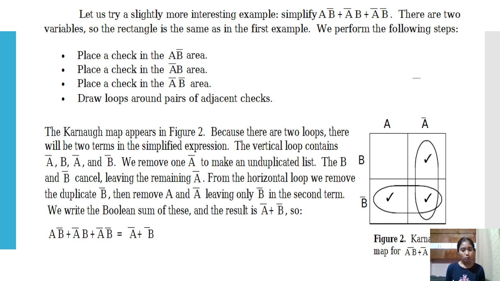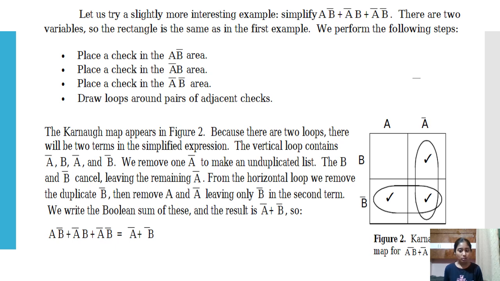Because there are two loops, there will be two terms in the simplified expression. The vertical loop contains A bar B and A bar B bar. So we remove one A bar to make it an unduplicated list. The B and B bar cancel, leaving A bar.